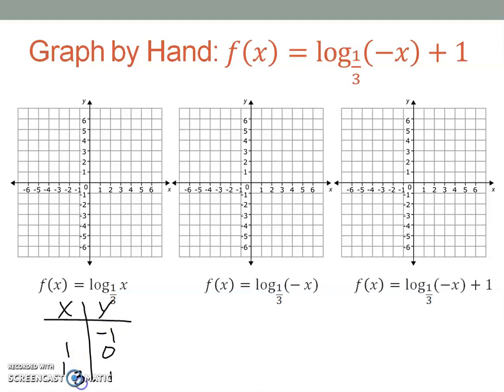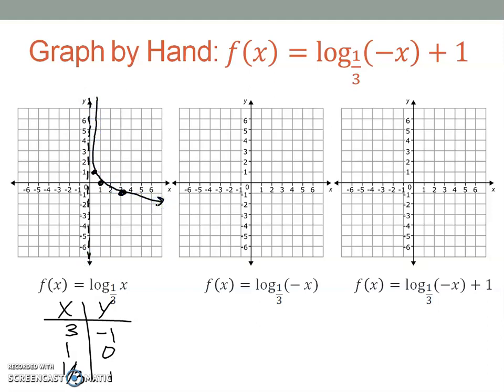Up there you can see the base is 1/3. -1 goes with the reciprocal, which would be 3. So I'm going to have 3, -1; 1, 0; and 1/3, 1. Don't forget my vertical asymptote. Okay, so there's my parent function.